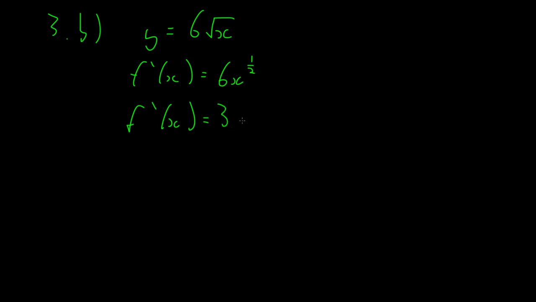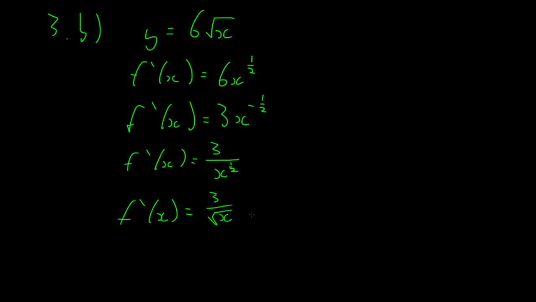We're gonna do 3x to the power of minus a half, and then we're gonna do 3 divided by x to the power of 1 over 2. And this is the answer actually, but we turn it into equals 3 on root x. And that's the answer. Sorry about that. It's a bit careless.